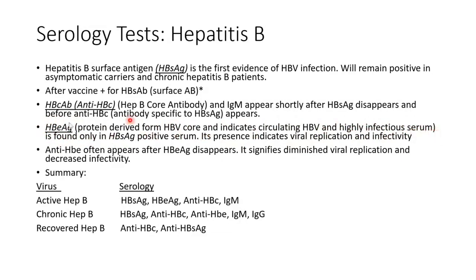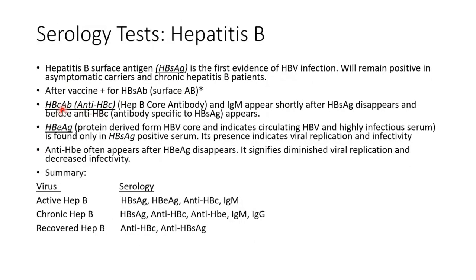That one kind of stands alone. The antibody to HBe often appears after the antigen disappears, and it signifies diminished viral replication and decreased infectivity. So these two go together right here, which makes sense. And the core stands alone and has its own little meeting right here.